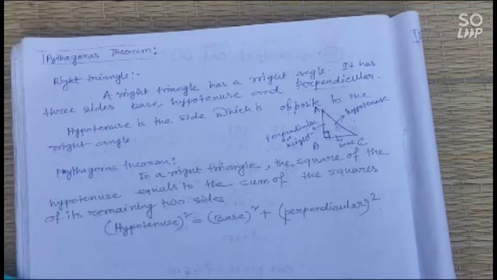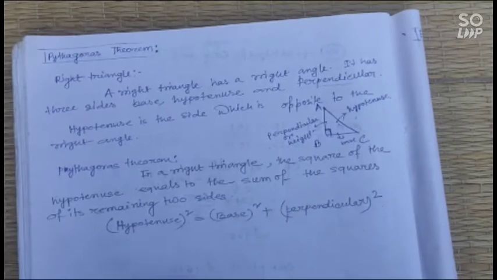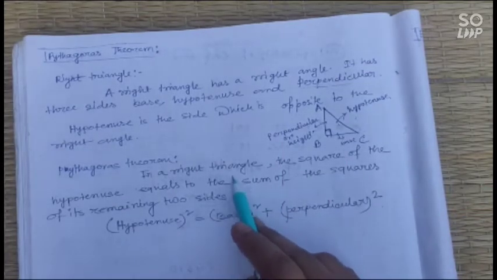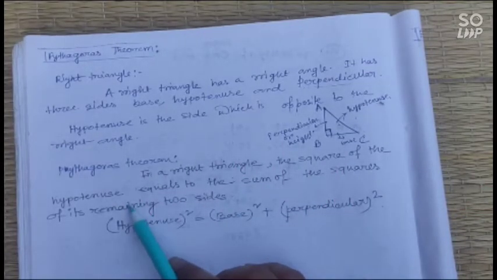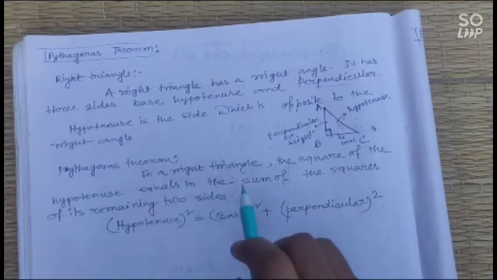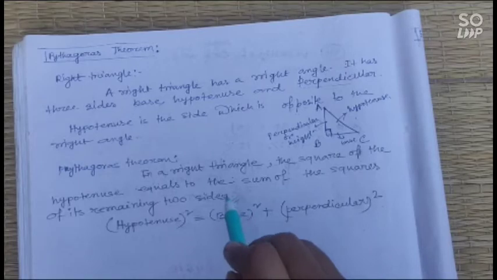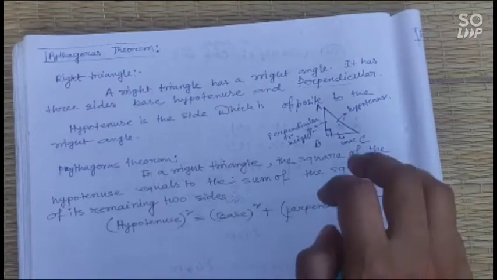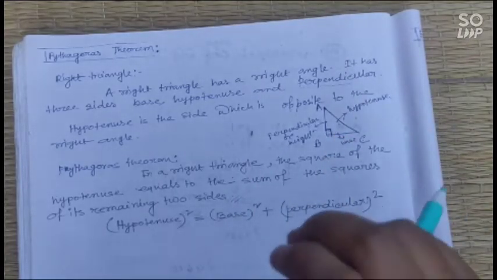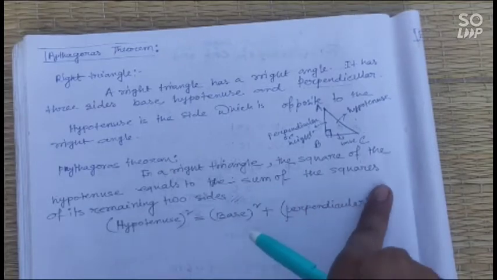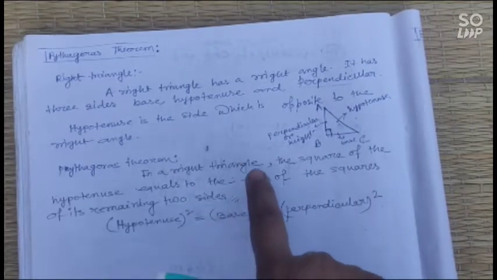Now we will learn about Pythagoras theorem. This is very important theorem. Using this theorem we can solve many problems. In a right triangle, the square of the hypotenuse equals the sum of the squares of its remaining two sides.